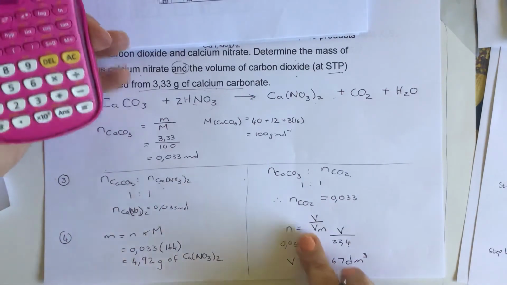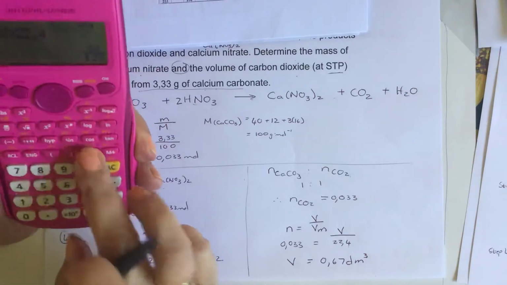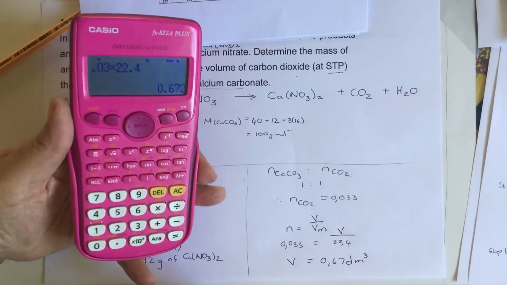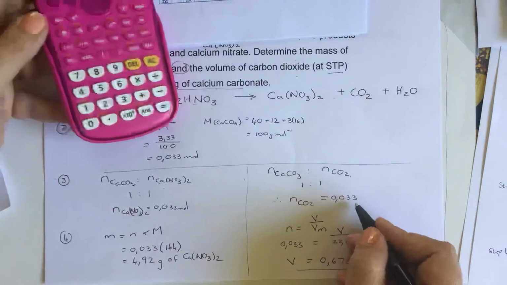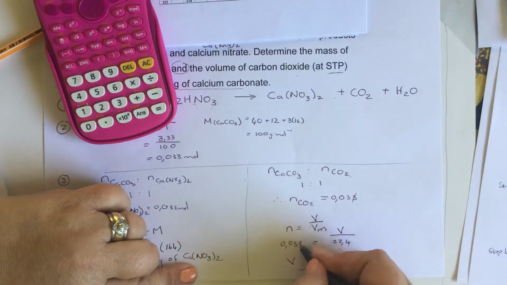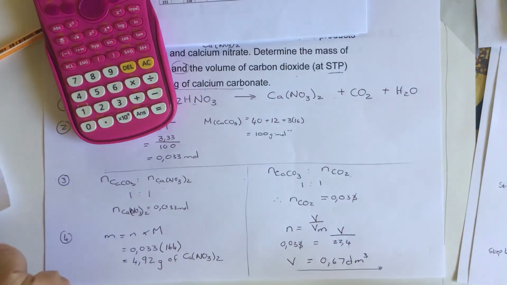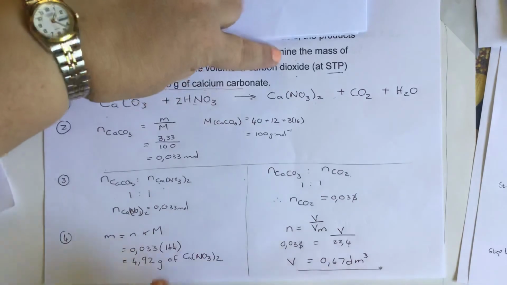Right. If I only take the 0.03 times 22.4, I get 0,72, and that is what correlates with your answer. So if we use two significant numbers like that, and not 3 as I did here, I get 0,67 cubic decimeters. Go back, did you answer everything? Determine the mass, yes.